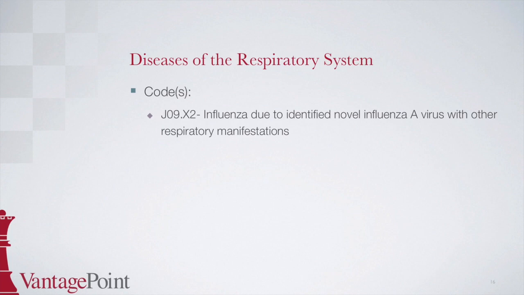After we follow these directions and find identified novel influenza A virus, the term with is indented below, followed by the phrase upper respiratory symptoms, which points to J09.X2, which you would then confirm in the tabular. Remember, we don't code the symptoms since we have a confirmed diagnosis.